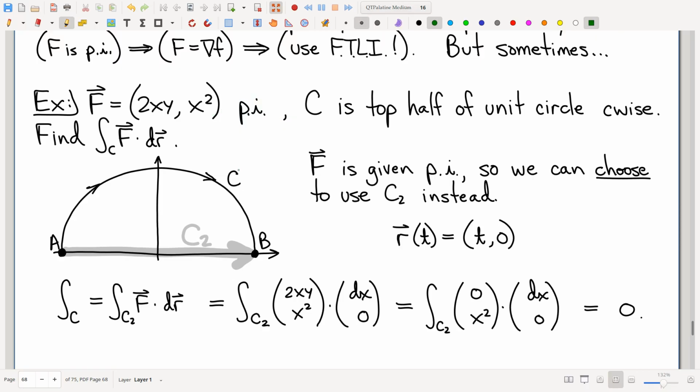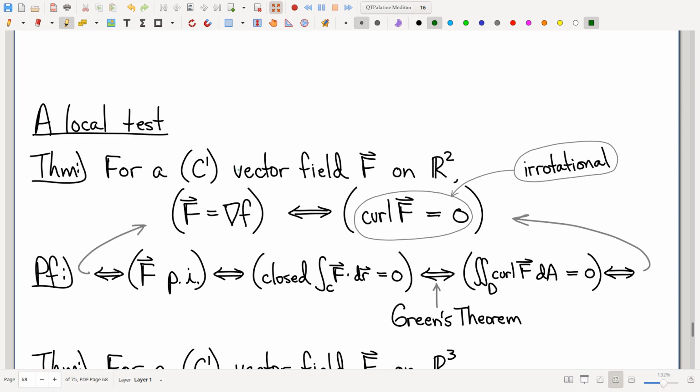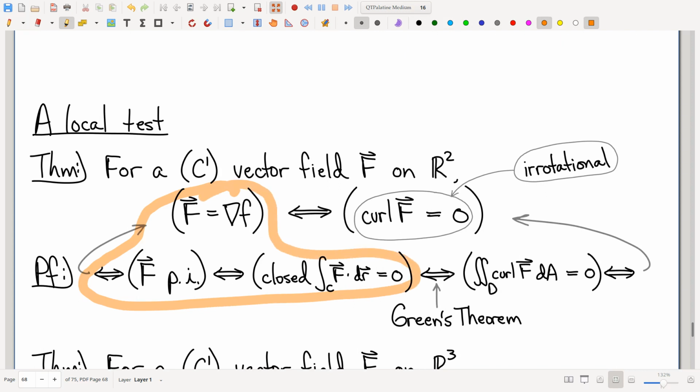Okay, so it turns out there's a wonderful way to answer this question, and let me start by reminding y'all that we already know these three things are equivalent, right? We already know that gradients are path independent and vice versa, regularity assumed. And we know that path independence can be rephrased in terms of circulations always being 0. So we already know that.